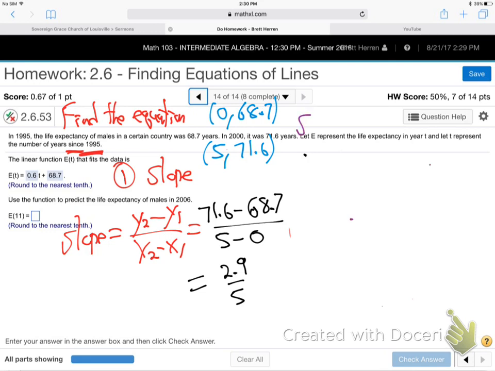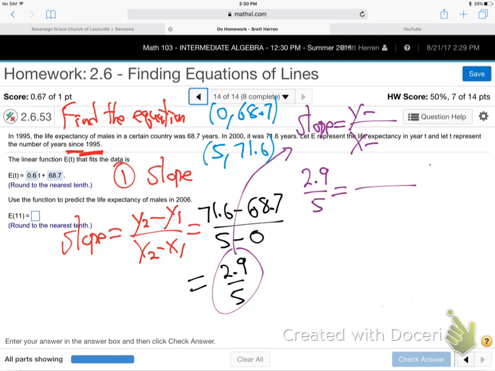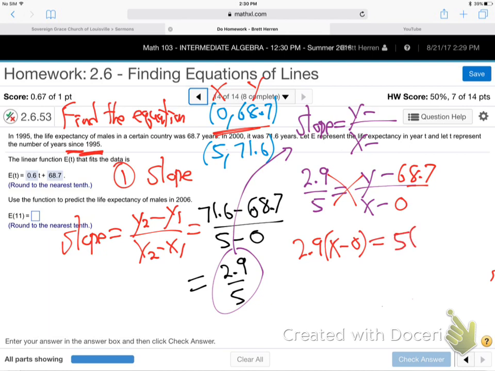You go slope equals y minus blank over x minus blank. And what do you do for the x and the y? You just grab these two, or the other two, doesn't really matter. It's your x and your y. X minus 0, y minus 68.7, diagonal, diagonal. 2.9 times x minus 0 equals 5 times y minus 68.7.